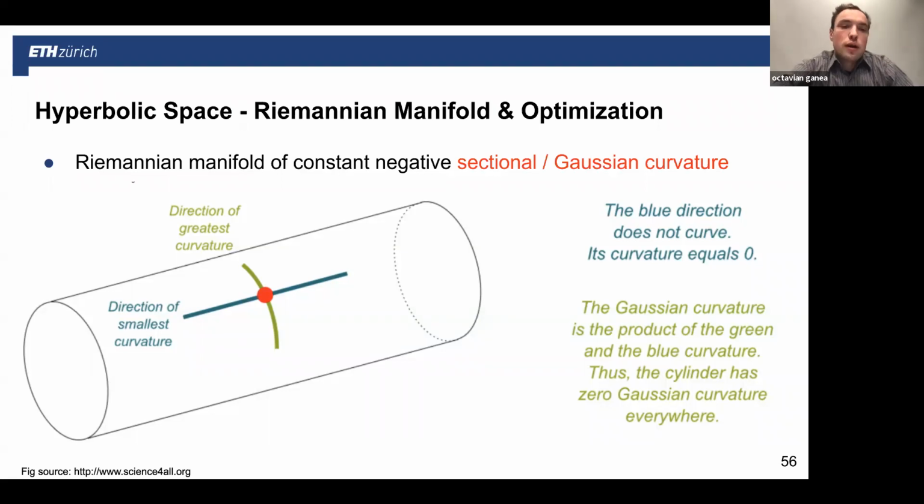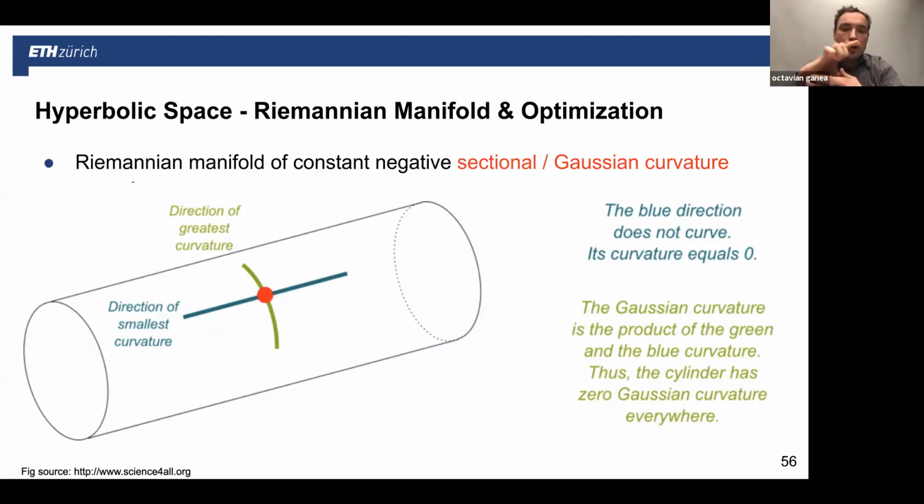So in general, if you have a surface, then sectional curvature is the curvature at a point with respect to a direction. If you see here, we have this red point and the green direction, and we can measure how curved the surface is when sectioned along this curve.